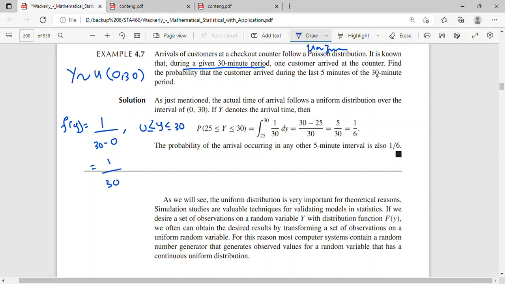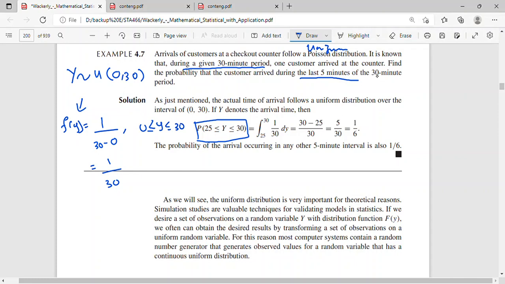So the question: find the probability that the customer arrives during the last 5 minutes. The last 5 minutes means we want to find the probability of y between 25 minutes and 30 minutes. How many customers arrive in these last 5 minutes. Okay, so in order to find this probability, we need the function first. Now we know the function is 1 over 30 with the interval 0 to 30.